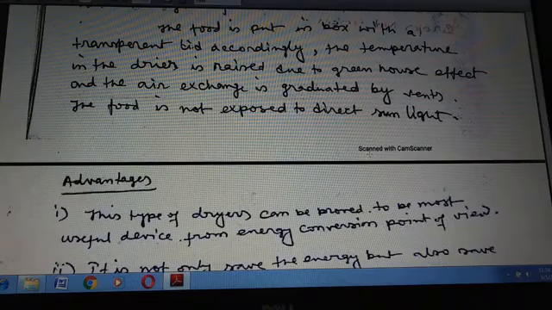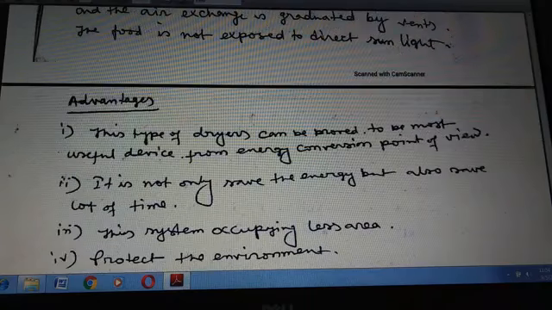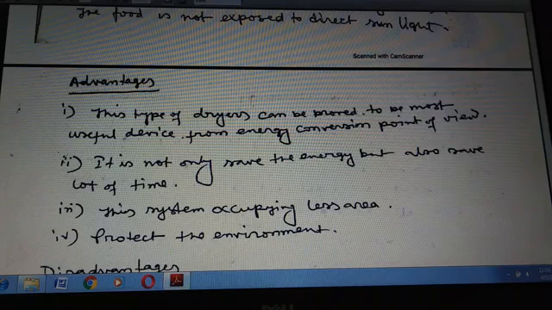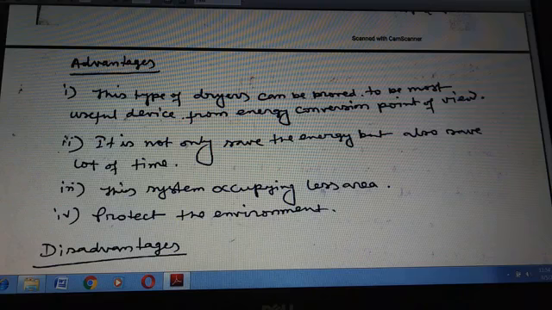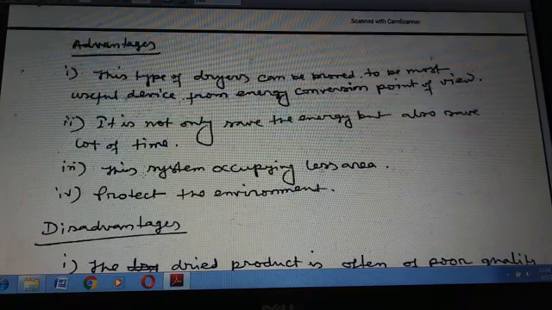Now, there are some advantages of this system. First, this type of drying can prove to be a most useful device from the energy conversion point of view. Next advantage, it not only saves energy but also saves time.